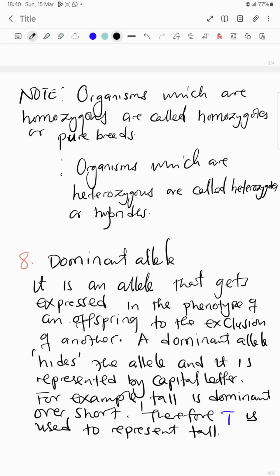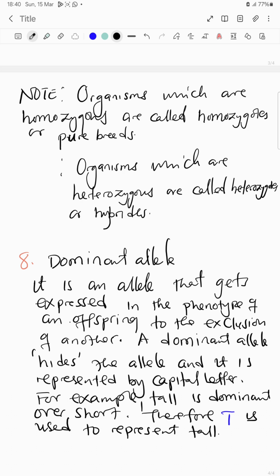It is an allele that gets expressed in the phenotype of an offspring to the exclusion of another allele. Are we together? A dominant allele hides the other allele and it is represented by a capital letter. For example, tall is dominant over short. Therefore, T is used to represent tall.